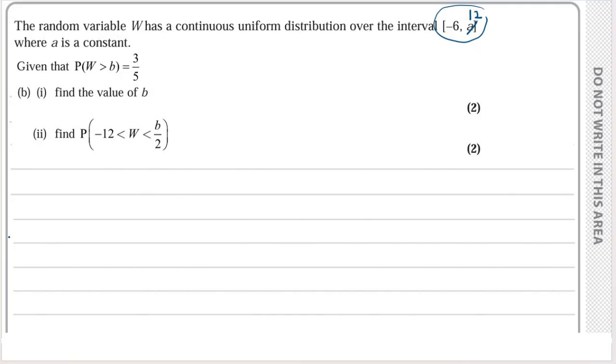And for part I, the probability of W being bigger than B can be worked out by calculating 12 minus B over 12 minus -6.